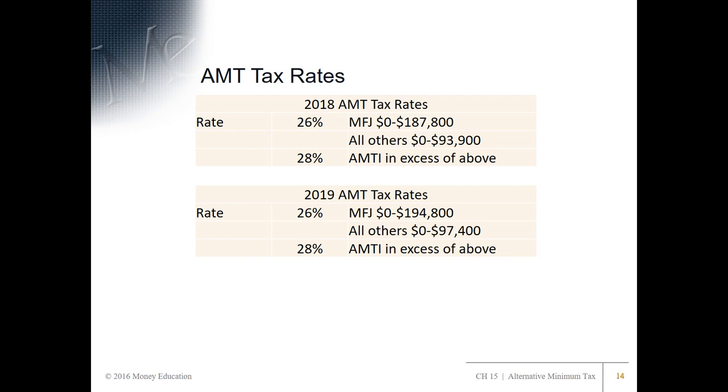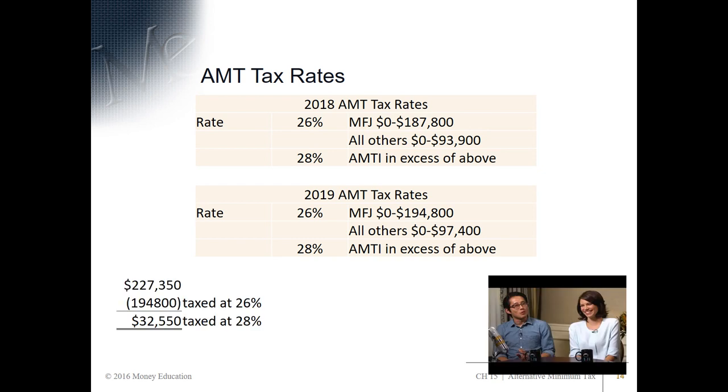The 26% tax rate applies to the alternative minimum taxable income of 0 up to $194,800 for married filing joint. Once the income exceeds that, the rest of it is taxed at 28%. For everyone other than married filing joint, the 26% rate applies up to $97,400.